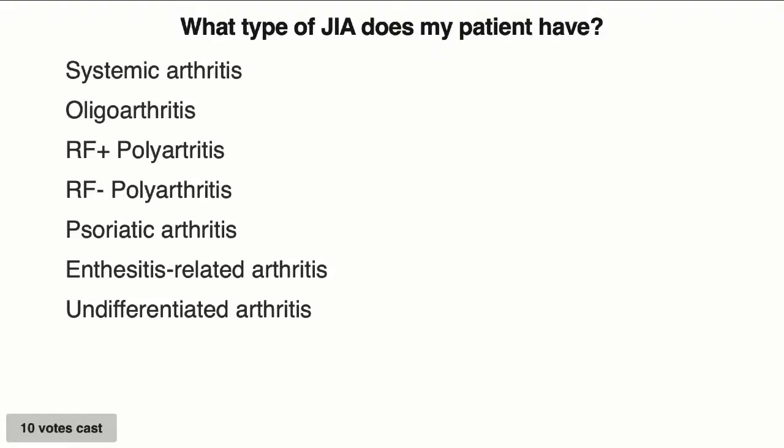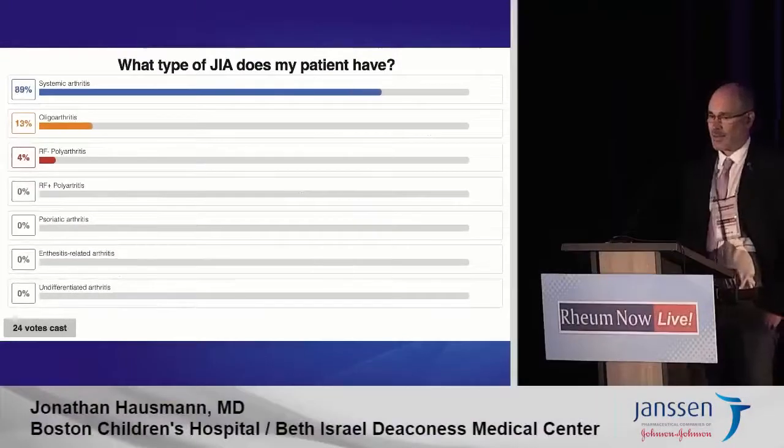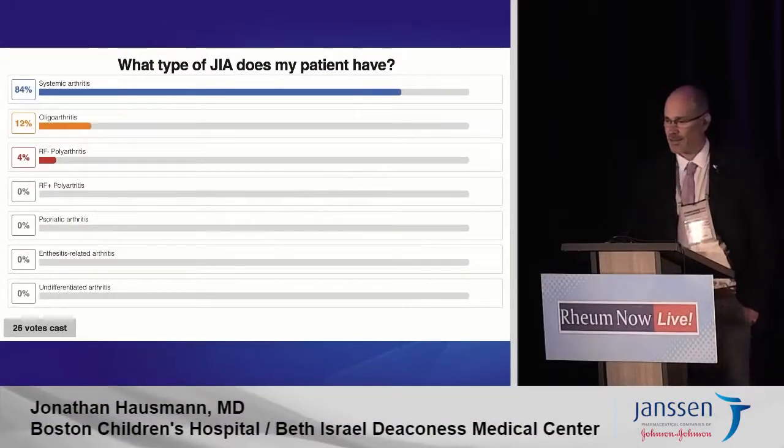And we'll try to make sense of all of these various categories over the next few minutes. Systemic arthritis. All right, very good.